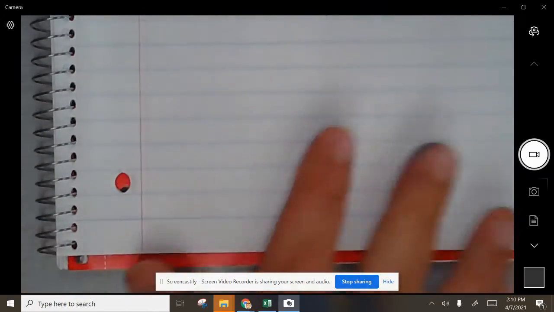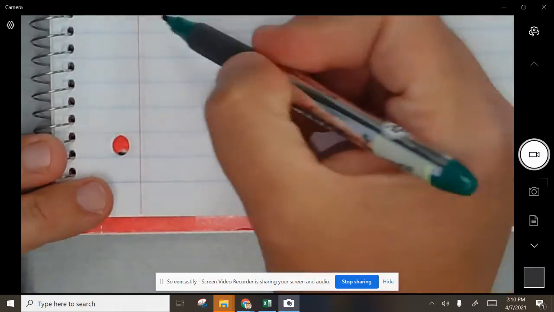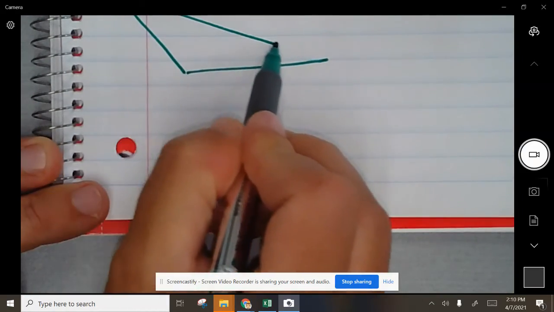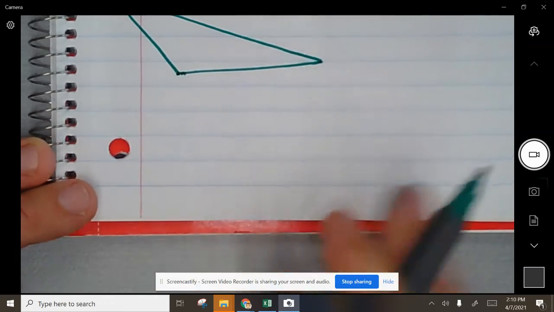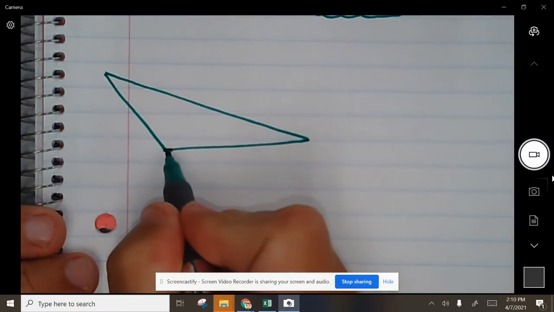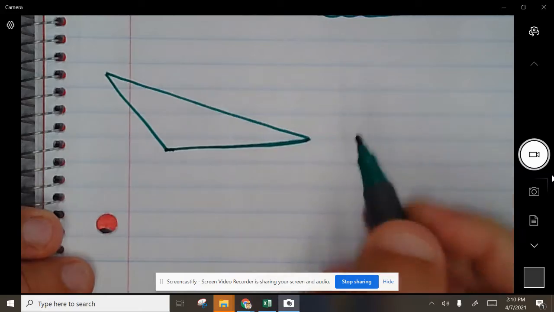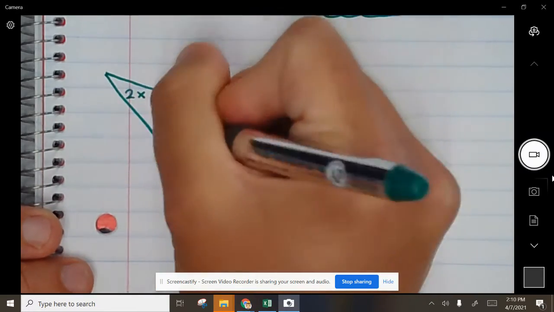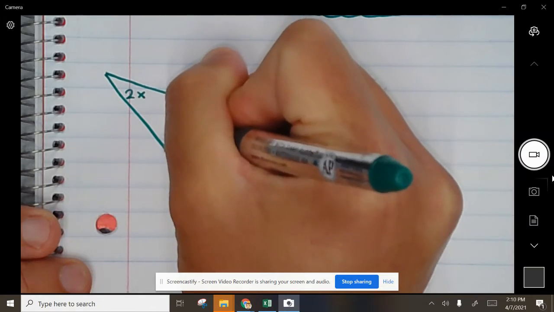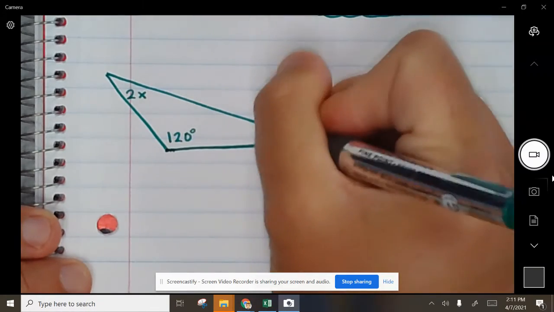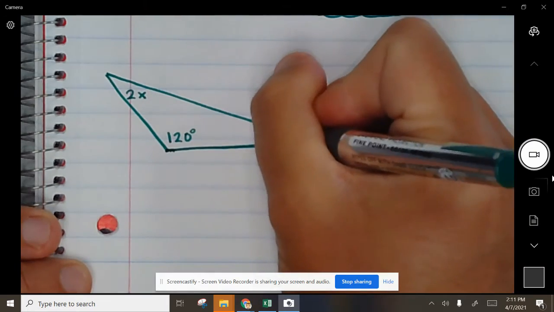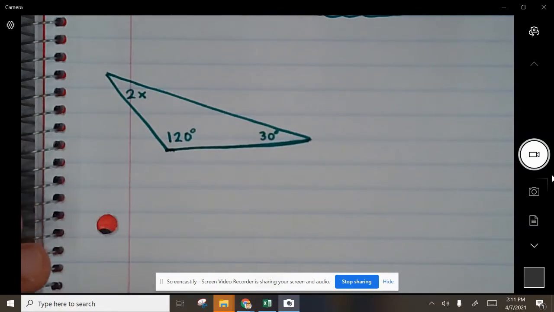All right, so let me give you another triangle. Here's your triangle. What if I said this is going to be called 2x, this is called 120 again, and this is called 30. How would you set up the equation?